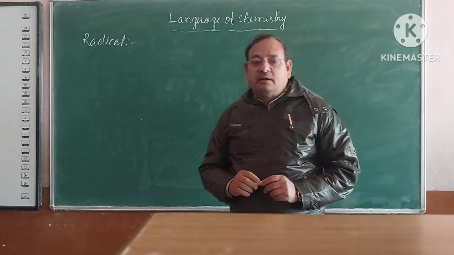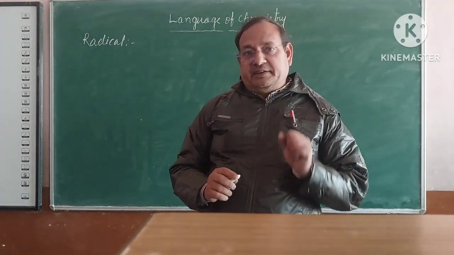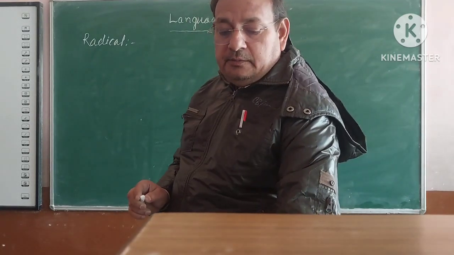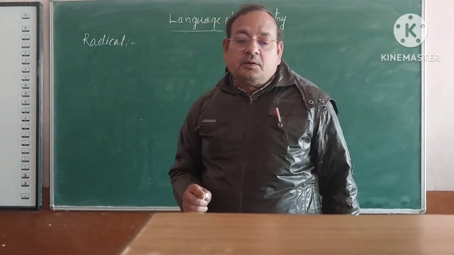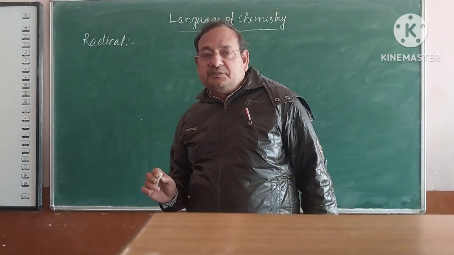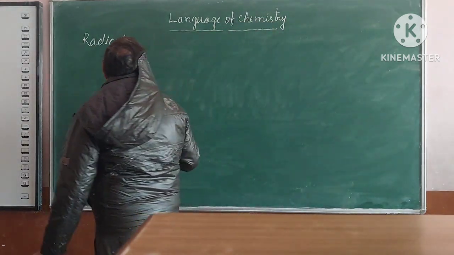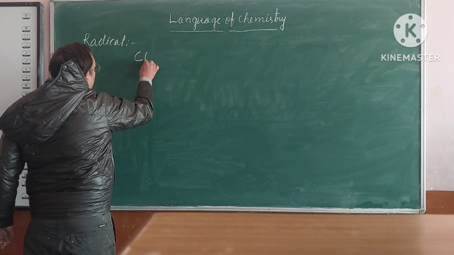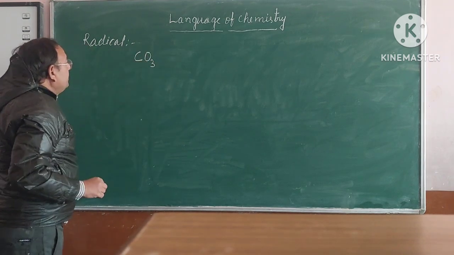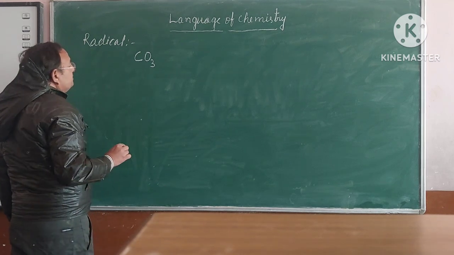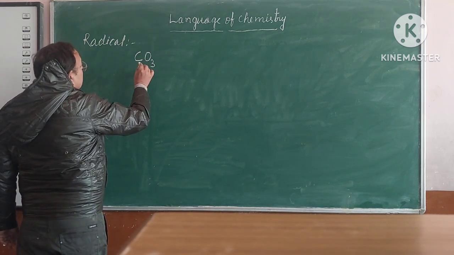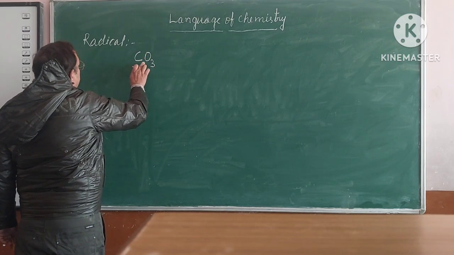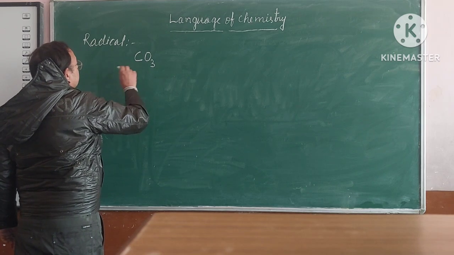First I will give the electronegative radicals. In electronegative radicals, I am just going to tell carbonate, CO3, and the radical charge is denoted by writing it above the carbonate radical.